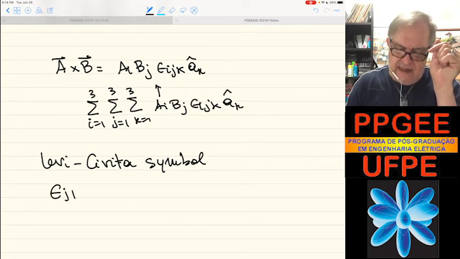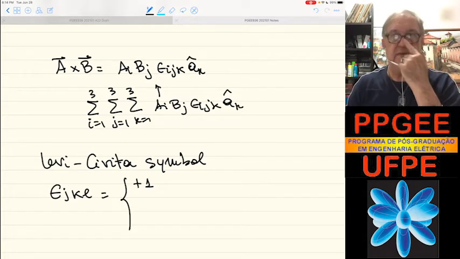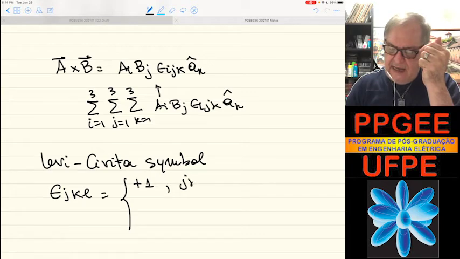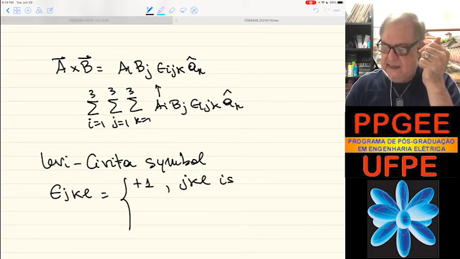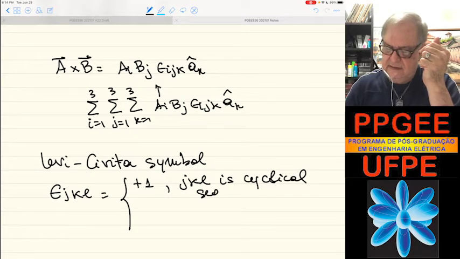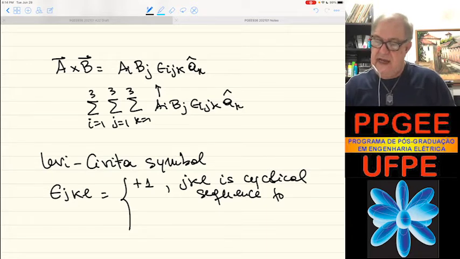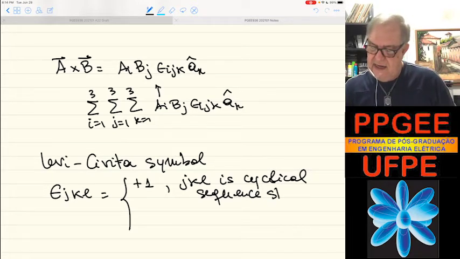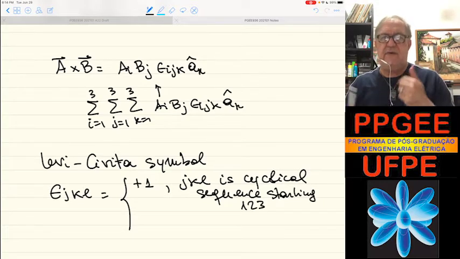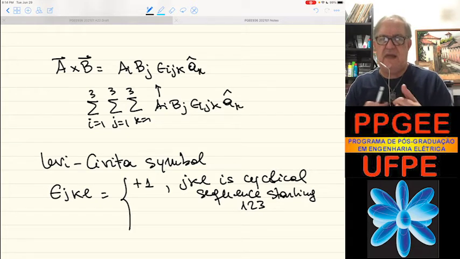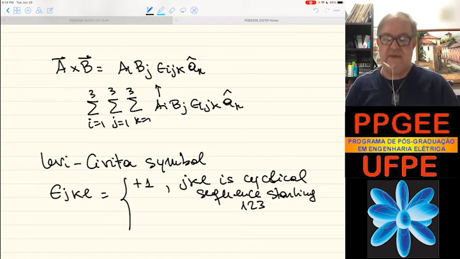Levi-Civita symbol epsilon_jkl equals plus 1 if jkl is a cyclical sequence starting from 1 to 3. So any cyclical permutation, 1 2 3, 2 3 1, 3 1 2, and so forth, gives a 1 result.